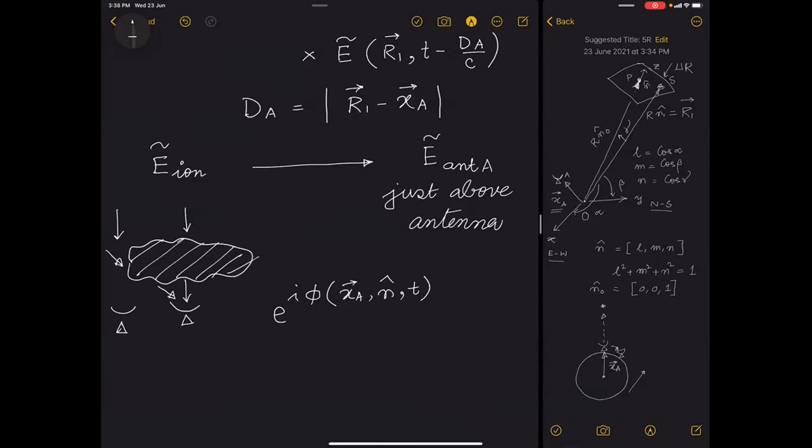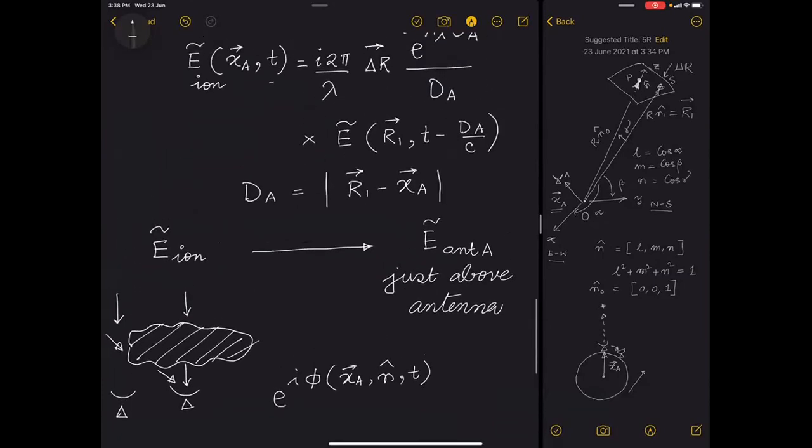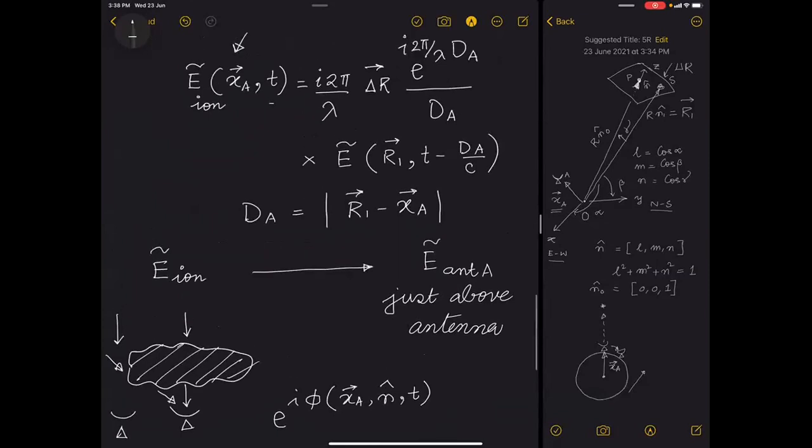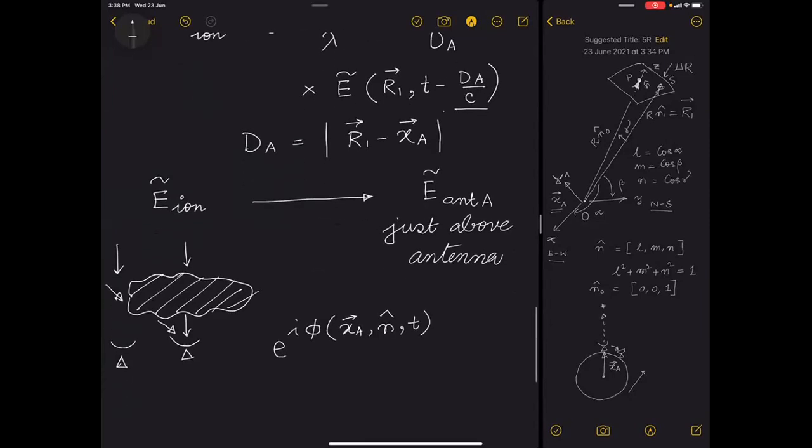There will be one more change. You see, the electric field we observe is a retarded electric field, so-called in electrodynamics language. The observed electric field at t is an electric field which was emitted dA by c time earlier. But this ionosphere, because it has a finite refractive index, the speed of light will be smaller in the ionosphere.